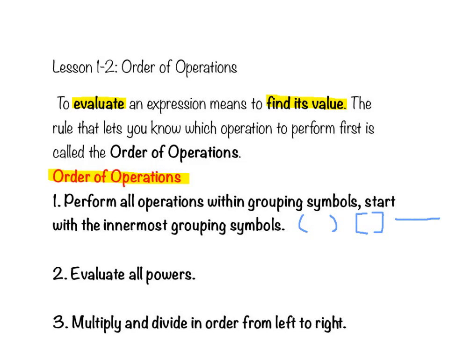If there is an expression either above or below the division bar, those operations need to be done first because you will picture them within a grouping symbol. Again, a division bar is also a grouping symbol.